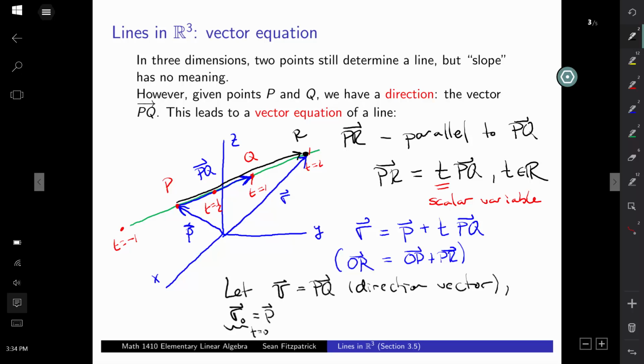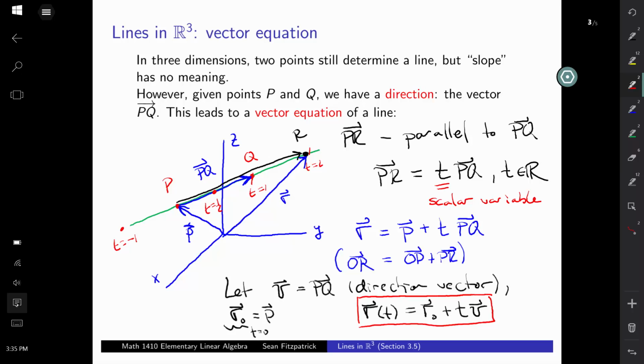And often you could think of this scalar T as time if you think about a particle moving along a line. You don't have to think of it as time. So then you get something that looks like this. You can think of R now as a function of T, equal to R naught plus T times V. All right. So this gets you the vector equation for a line in 3 dimensions.